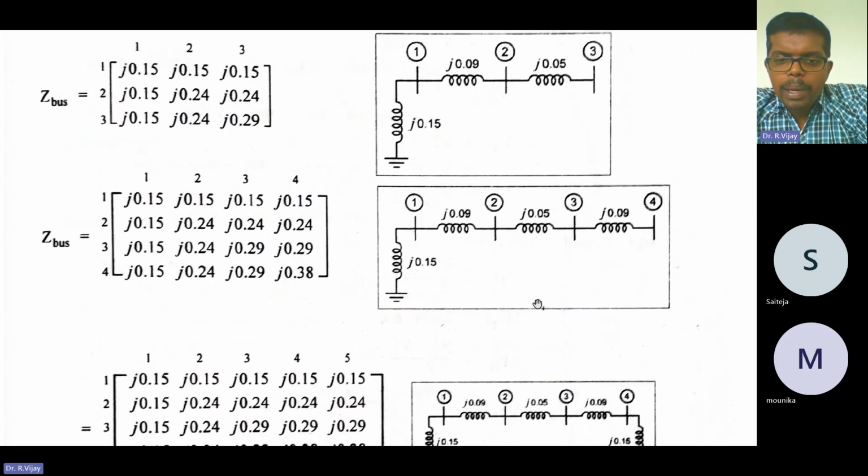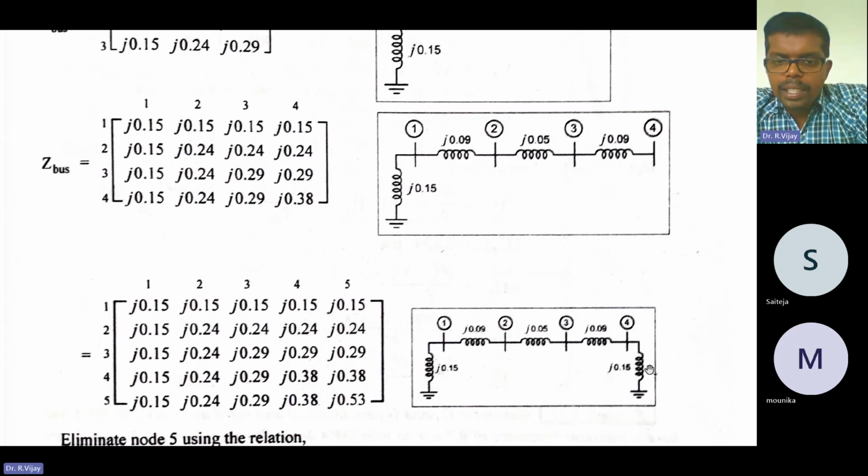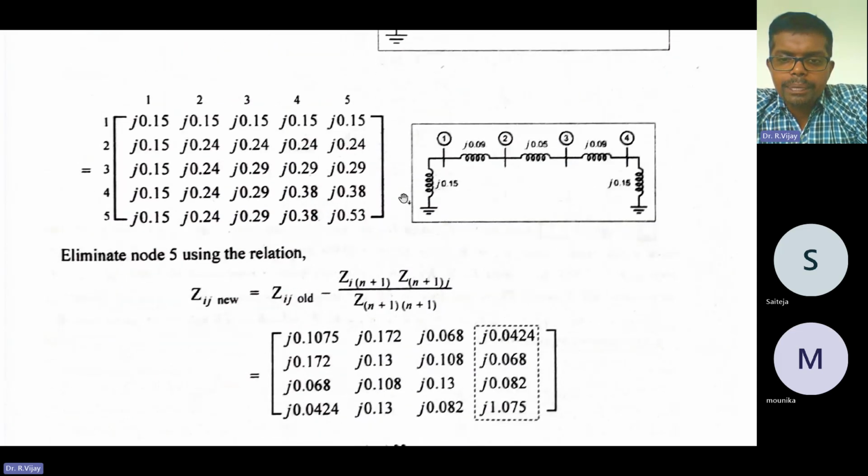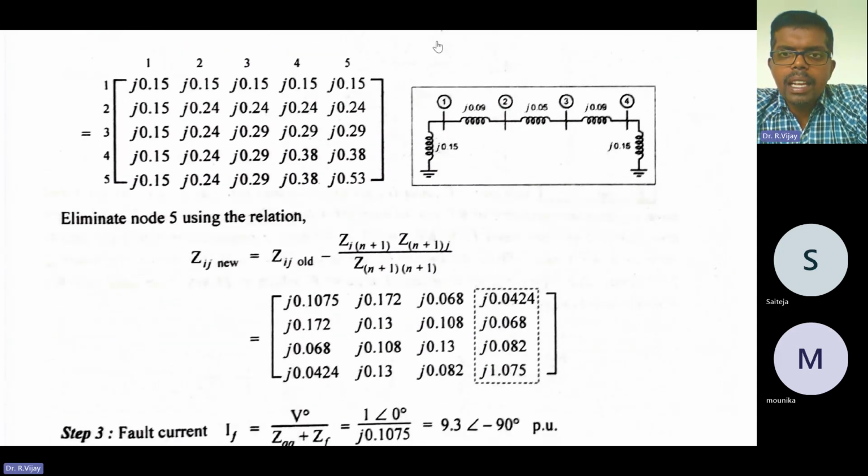Next, how many buses are there? Again, one more bus is also there, that is j into 0.15. That is the new element. So what do you need to do? The same 4 cross 4 matrix, whatever we got, you need to copy paste.